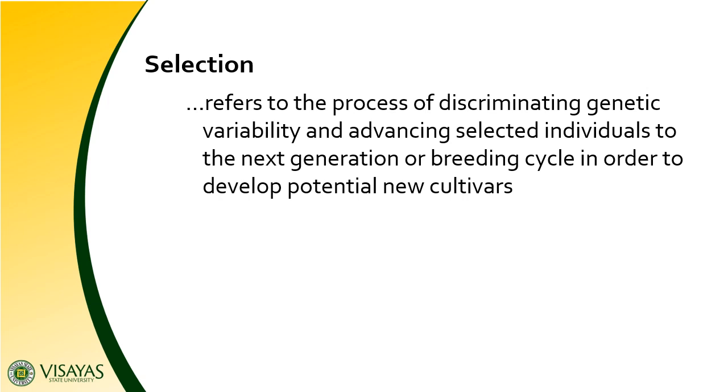So the next step of crop improvement after creating variability is to select which variability is suitable or can answer our objective. So you have here selection. This refers to the process of discriminating genetic variability and advancing selected individuals to the next generation or breeding cycle in order to develop new potential cultivars.